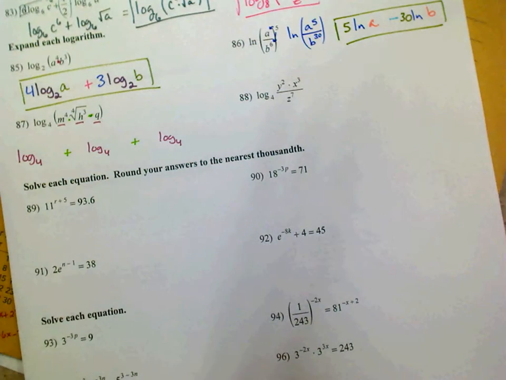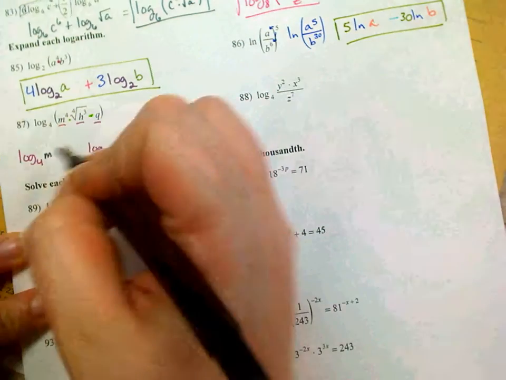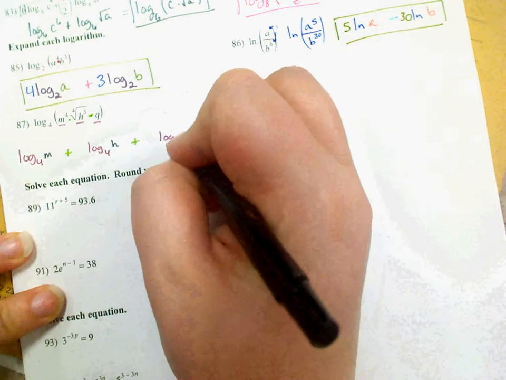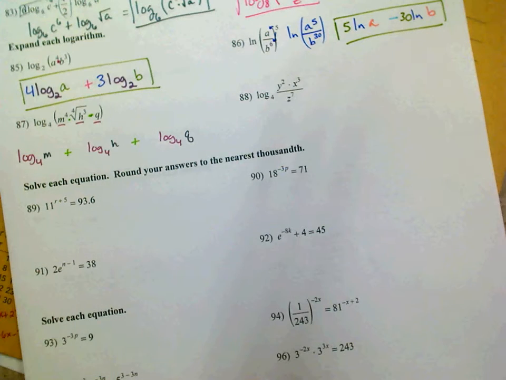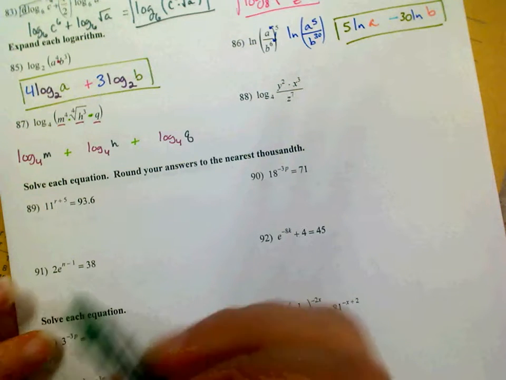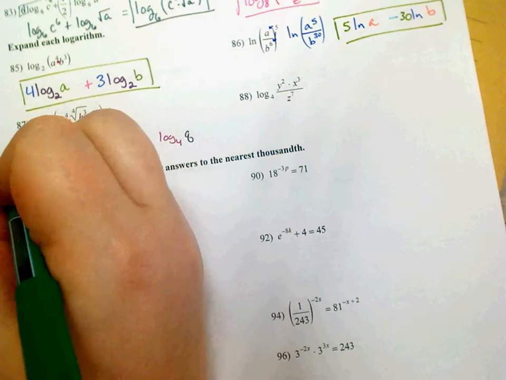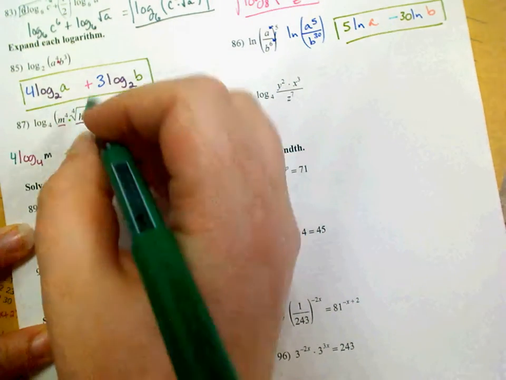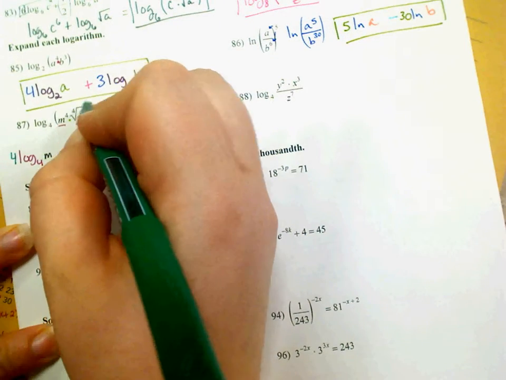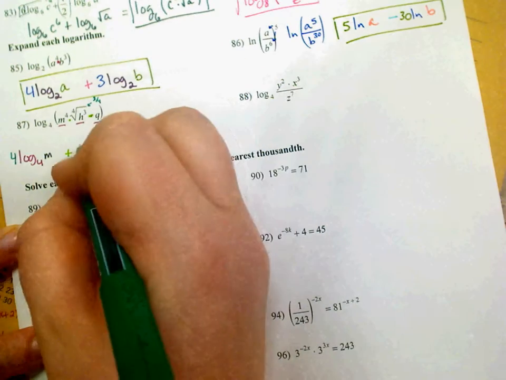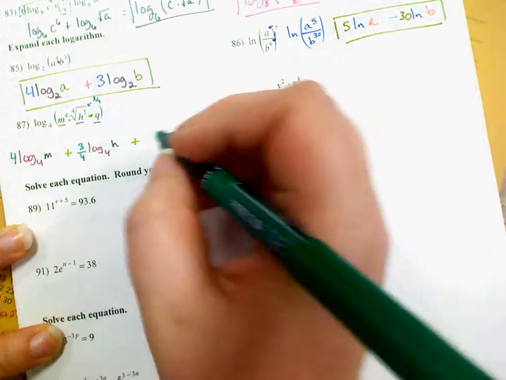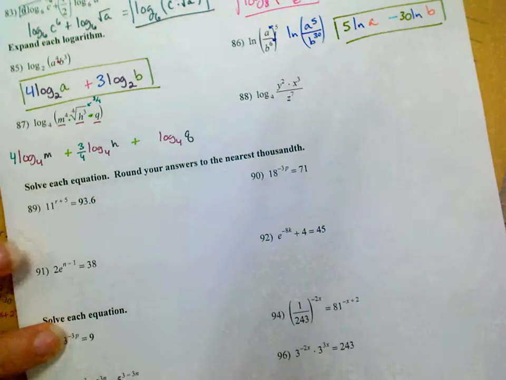I'm going to put the variables n, h, and q here. And the numbers that go in front of the logarithms are their powers. So I'm going to bring the power, so n's power is 4. H's power is this right here. Remember, power on top, root on bottom. So that is the 3/4 power. So that should be a 3/4 right there. Q has no power, so you can put a 1 or you can just leave it. But that is my answer.